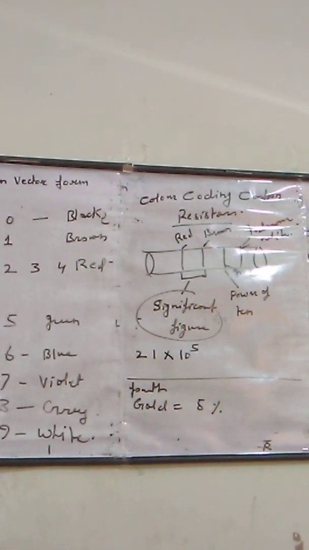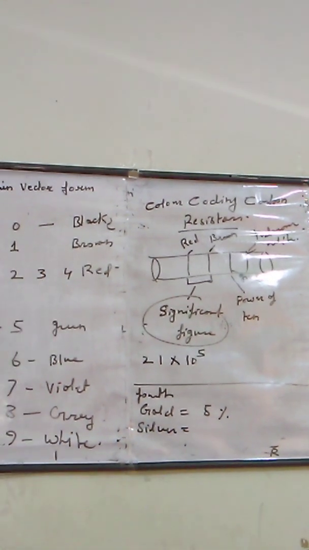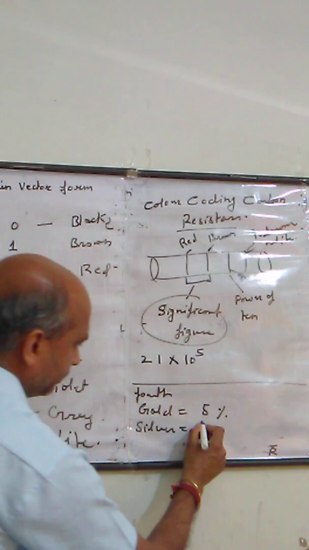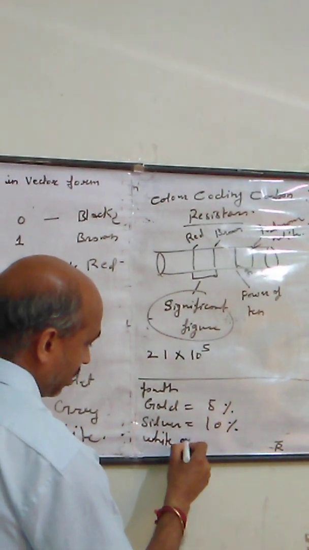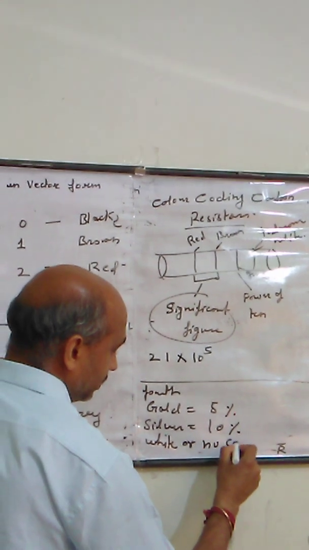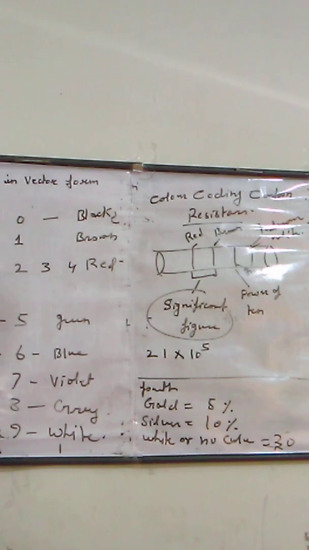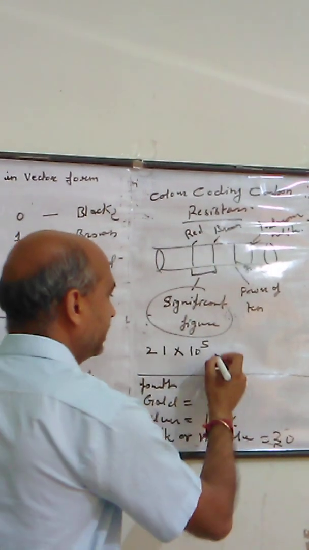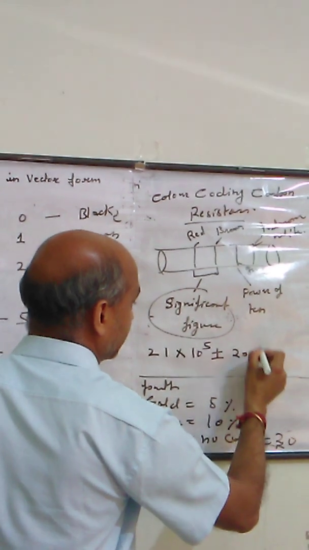If the color is silver, the tolerance is 10%. And if the color is white or no color, then tolerance is 20%. So we have a white color, and white color means it will be plus minus 20%.